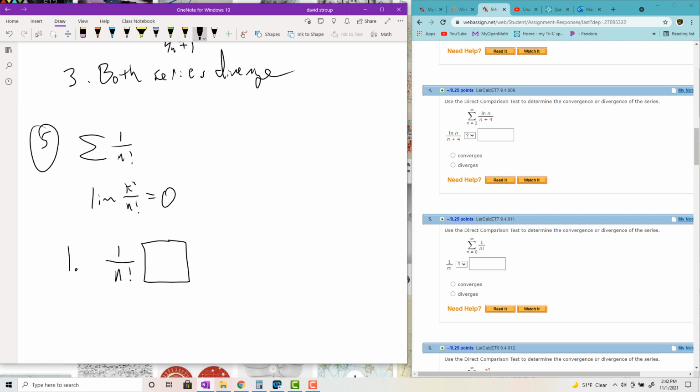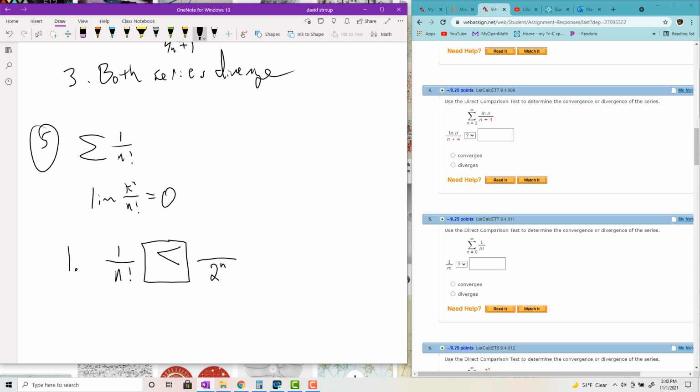I'm going to decrease the denominator, therefore increase the entire expression. So if you use some power of like 2, you could say 2 to the n, the denominator now is smaller, so the overall expression will be bigger.